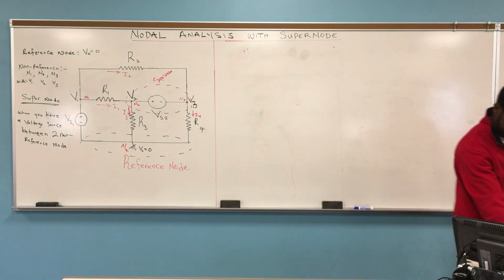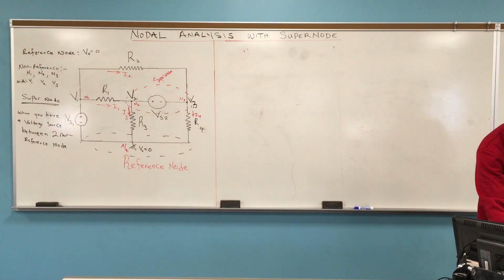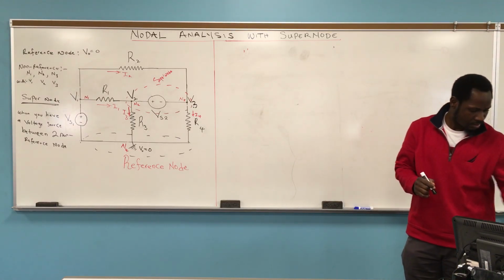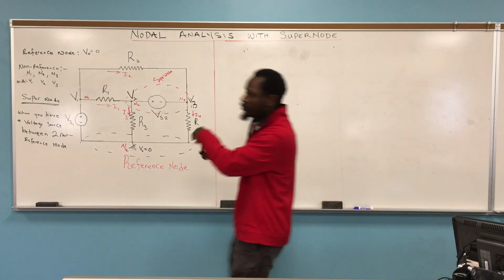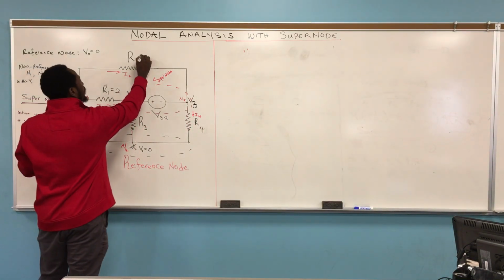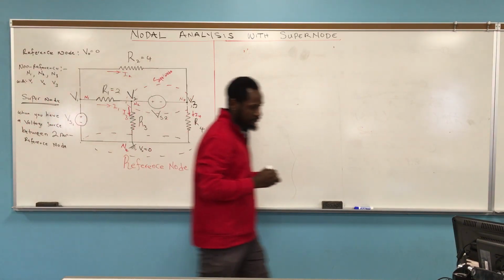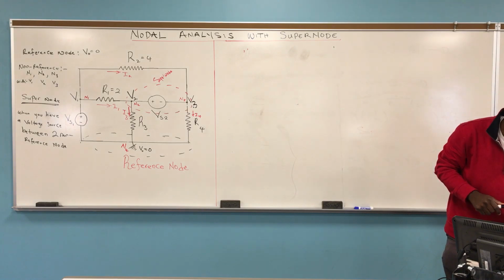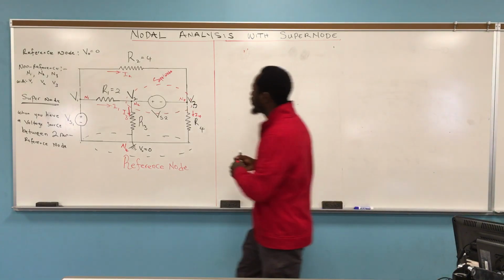I'm going to use the same circuit, but with values this time around. So let's assume this is 4, 2. Actually, I drew it wrongly. Well, it's correct now, but this is 2, 4. And then I have 10, 5, 8, and 6.